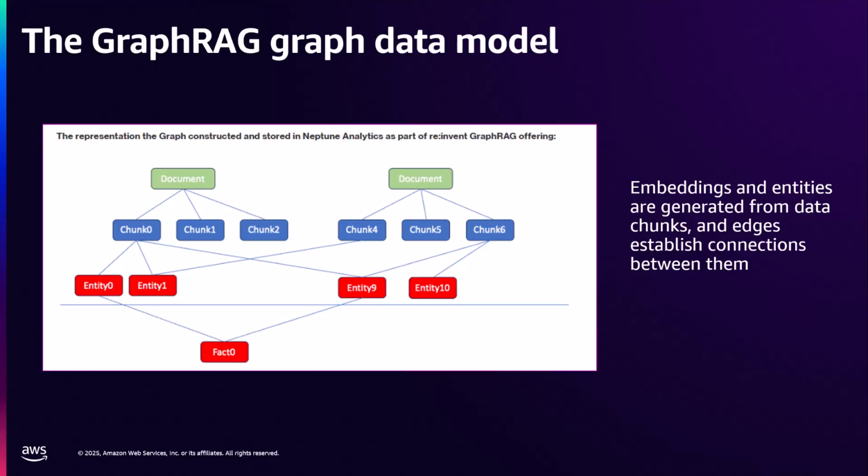What do they relate to? And then from that, entities are extracted from the chunks. They serve as edges, linking related chunks, which are the nodes, which you can see here, based on shared entities and context. The resulting graph, as I mentioned, is stored in Neptune Analytics for efficient query and traversal.